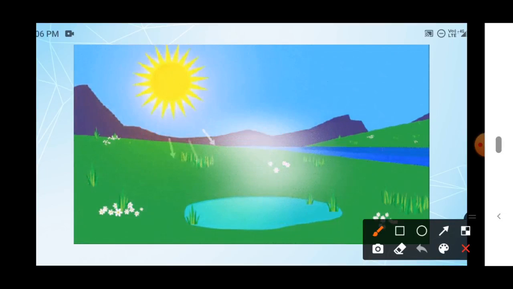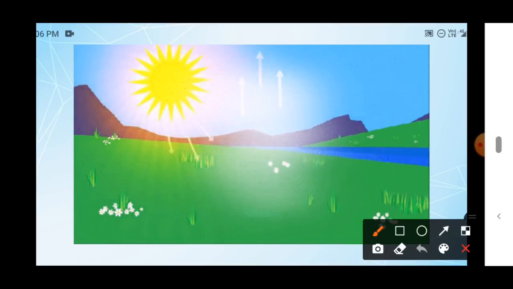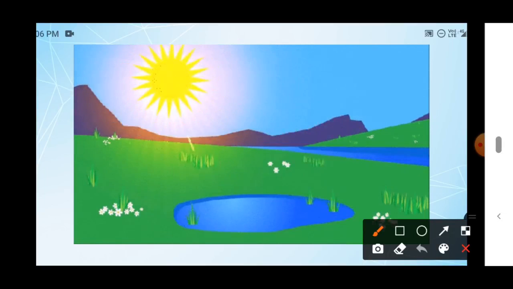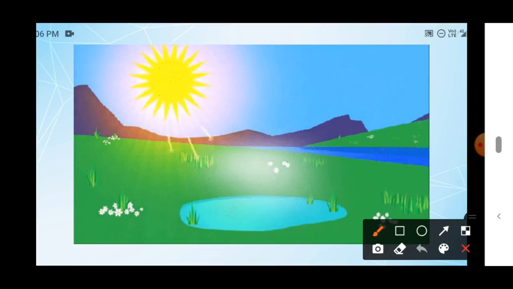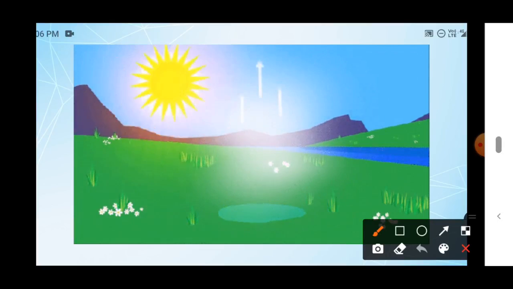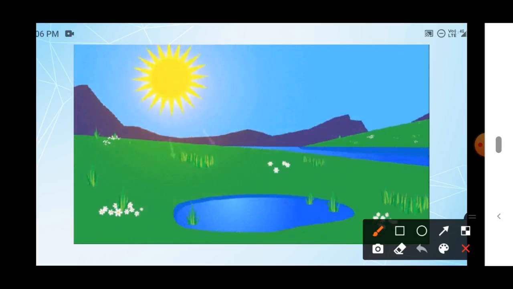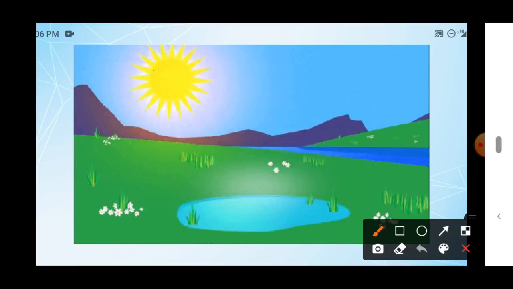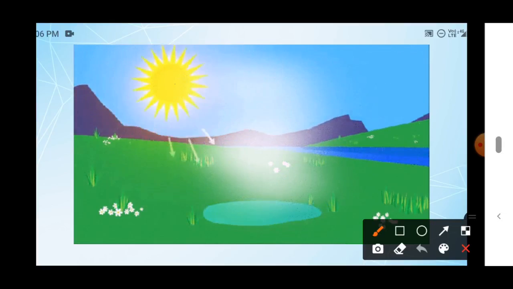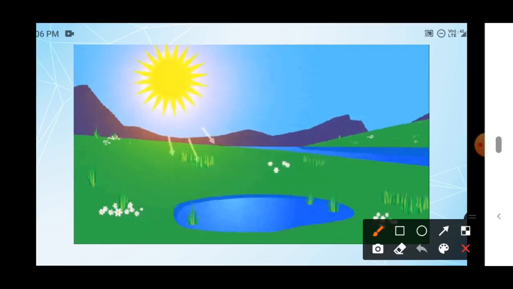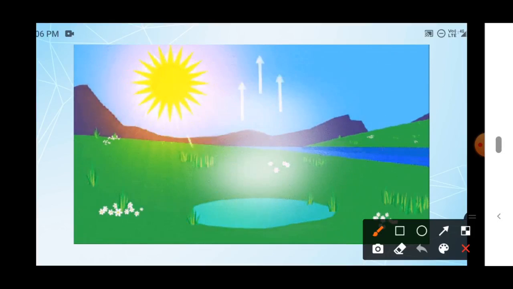This is due to the evaporation process. The sun provides the heat energy. That heat energy is used to convert the liquid water into gaseous form. So the water disappears. This process is known as evaporation.